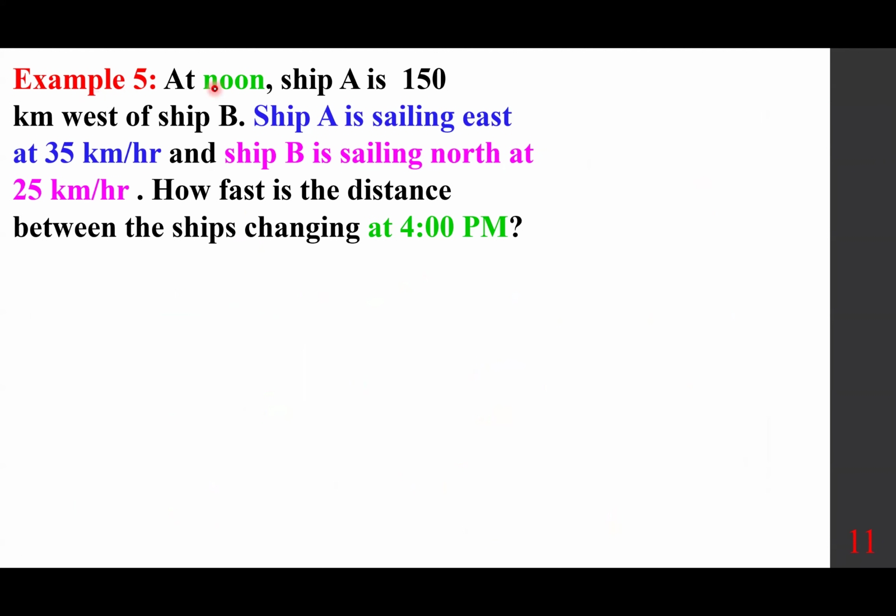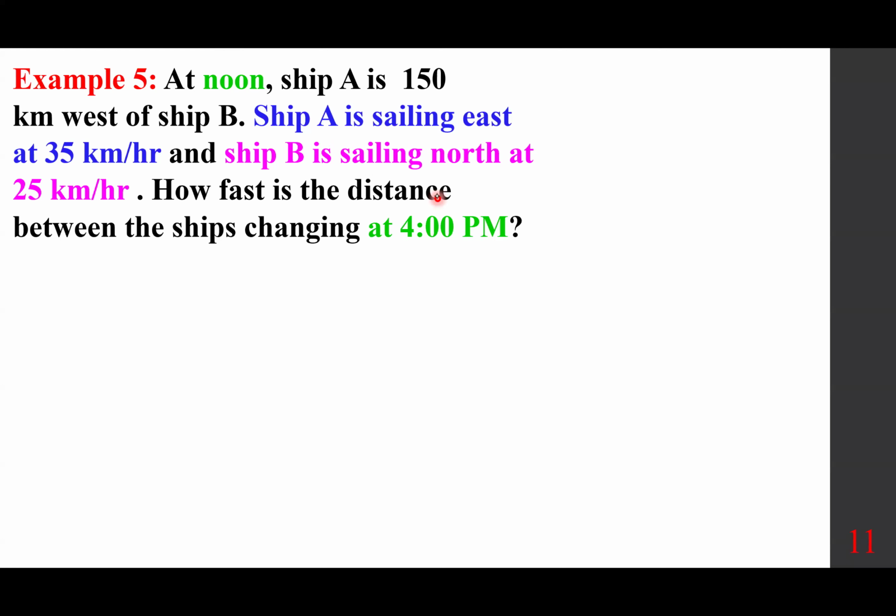At noon, ship A is 100 kilometers west of ship B. Ship A is sailing east at 35 kilometers per hour, and ship B is sailing north at 25 kilometers per hour. How fast is the distance between the ships changing at 4 p.m., meaning 4 hours later?